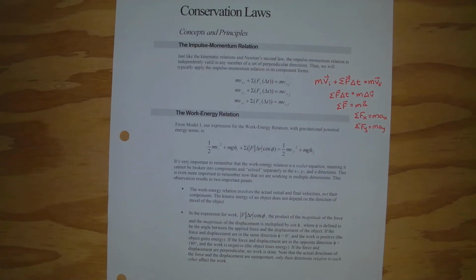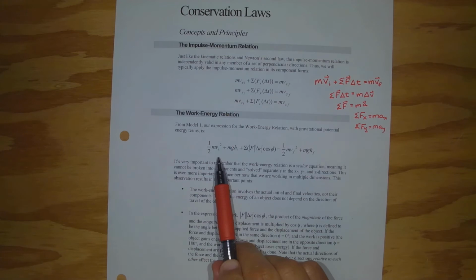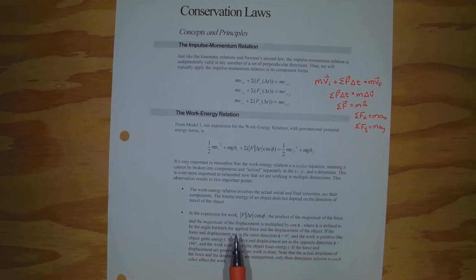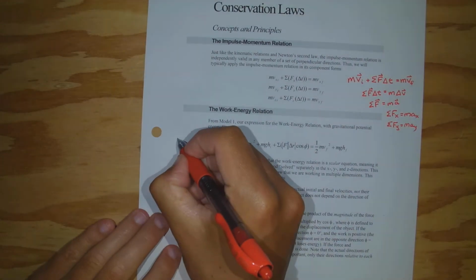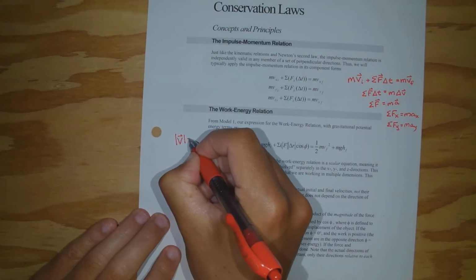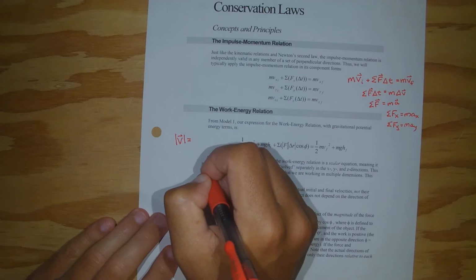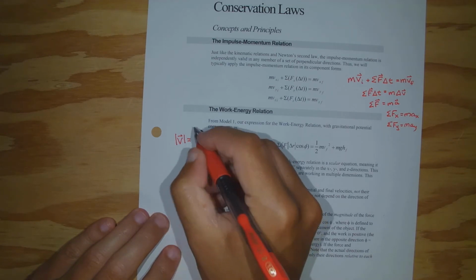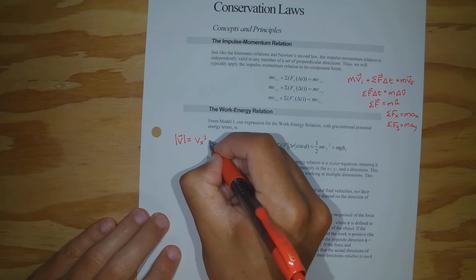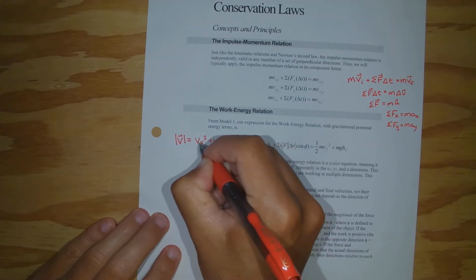The impulse-momentum relation is a vector equation. The work-energy relation is not a vector equation. So not much changes for work-energy in Model 2. So you have your velocity squared. This would be the speed squared, because the magnitude of the velocity, if we just have two dimensions, you could say is vx squared plus vy squared.